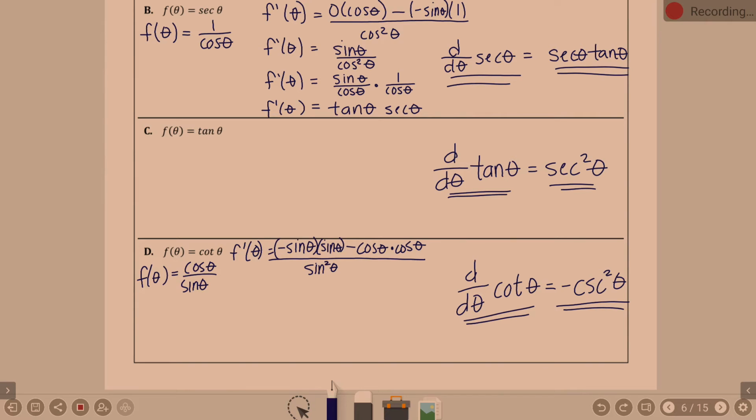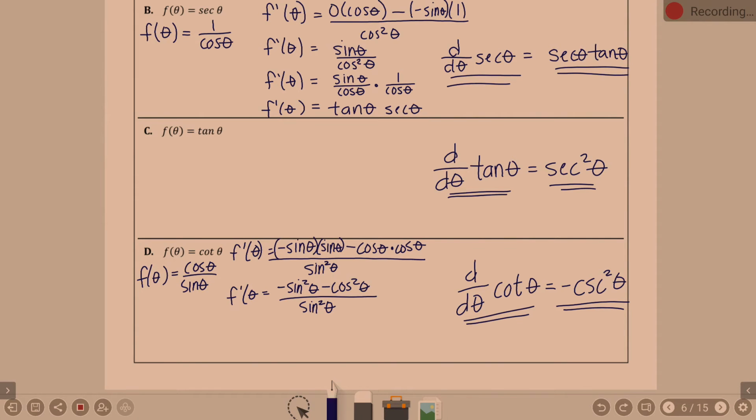Are you with me? I think so. Negative sine squared theta minus cosine squared theta all over sine squared theta.